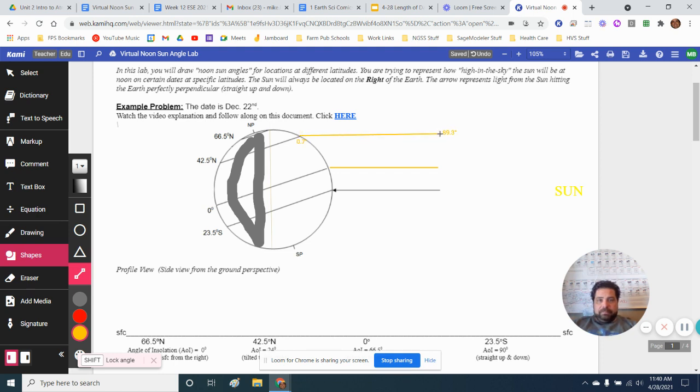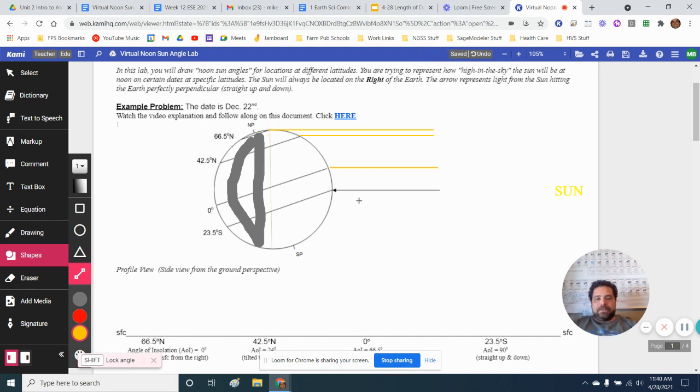Okay, I'm going to keep it. What we're doing is I'm trying to show you what the light is doing when it hits the surface of the Earth. Next one I'm going to do is right here from the Arctic Circle up there.